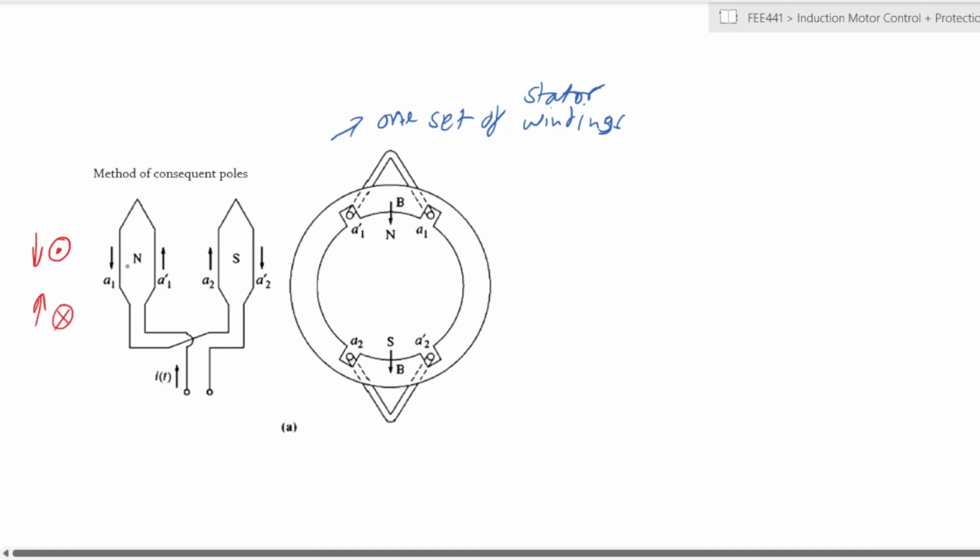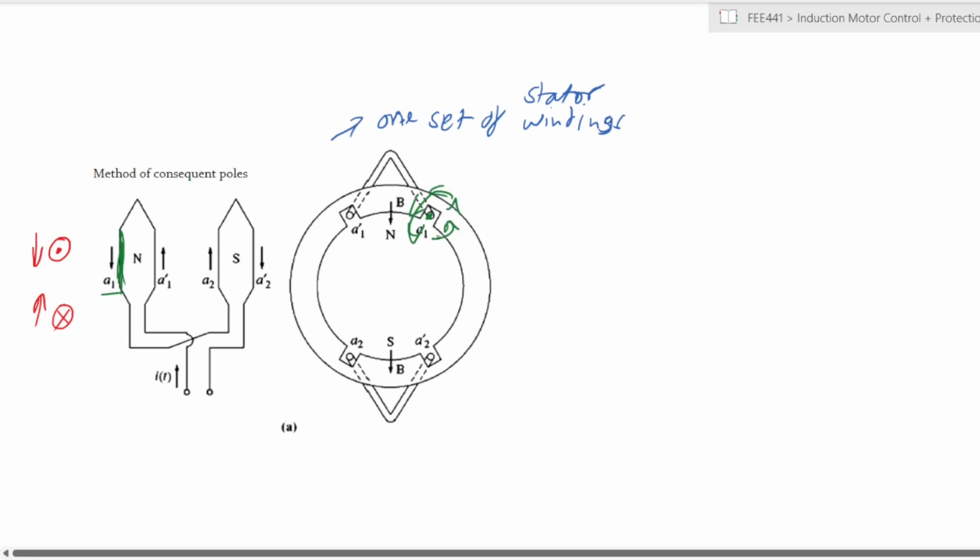If we have them in that way, we would see that our A1 arm of the winding, this section represented here, would have current flowing outwards, and if it is flowing outwards, the field is in a counterclockwise direction.